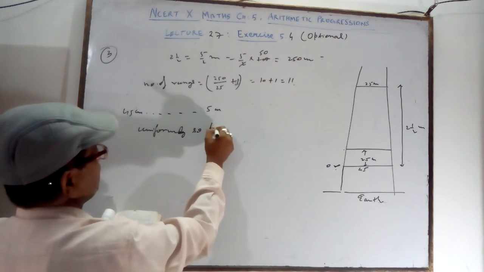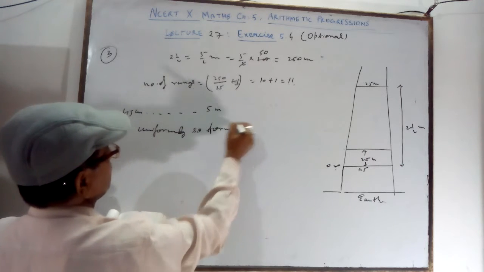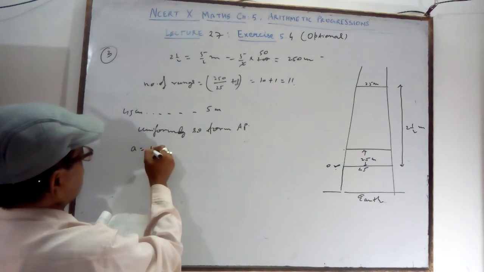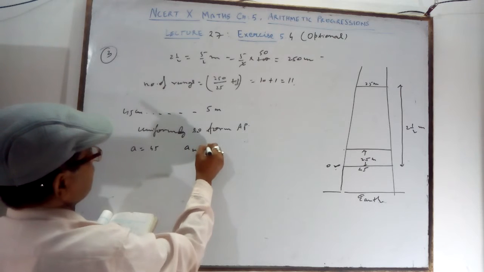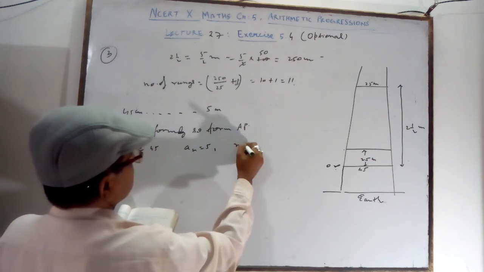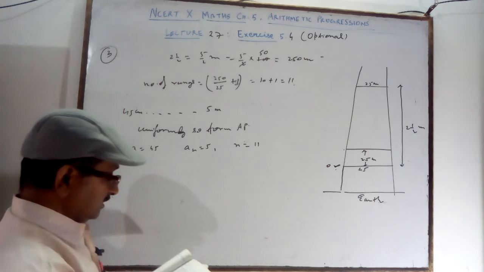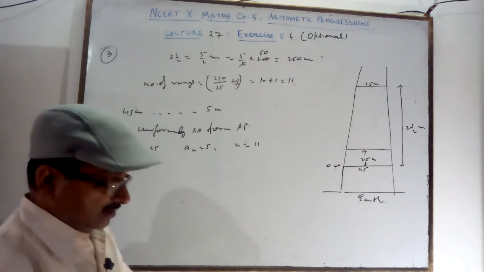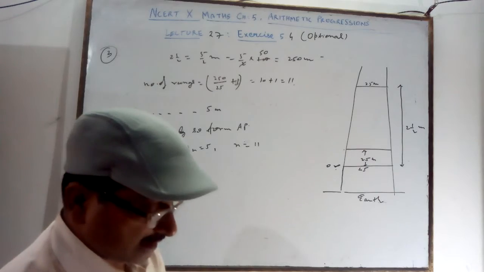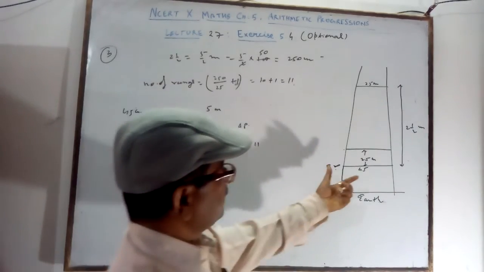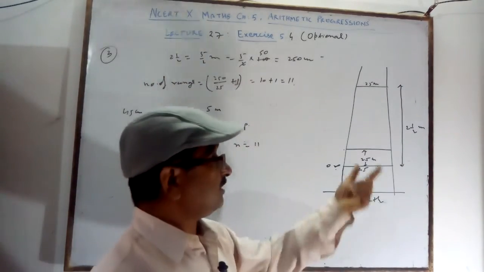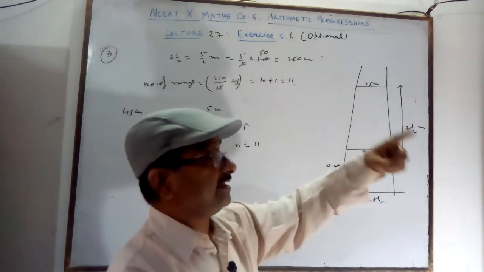So form an AP in which A is 45, the last term AN is 25, and N is 11. You want to find the length of wood required, that is, the total S N. It is like a big stick cut into rungs, the first being 45.